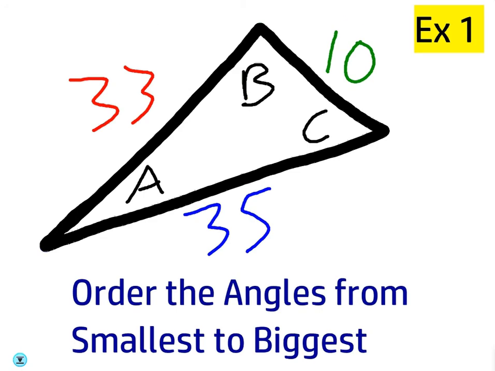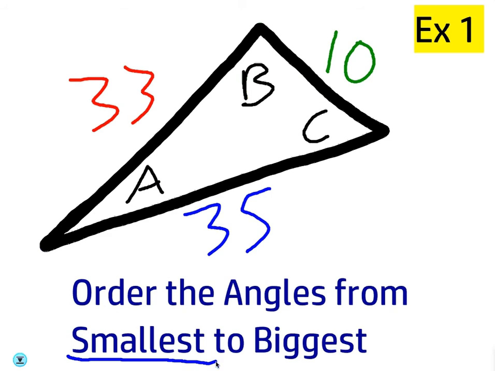Example 1. It says order the angles from smallest to biggest. Okay, based on the information, you guys should be able to look at the side lengths and say what's the smallest and what's the biggest. All right, so first of all, which one's the biggest side?